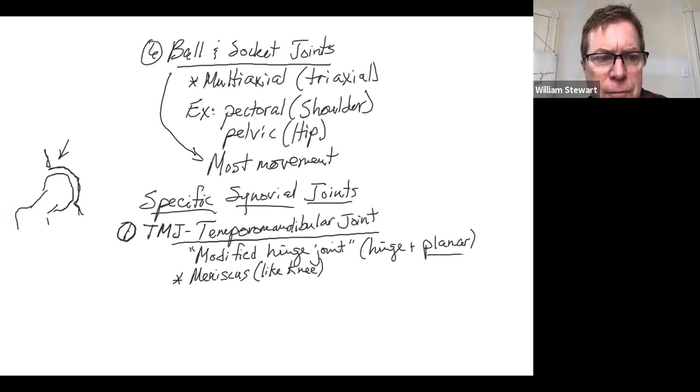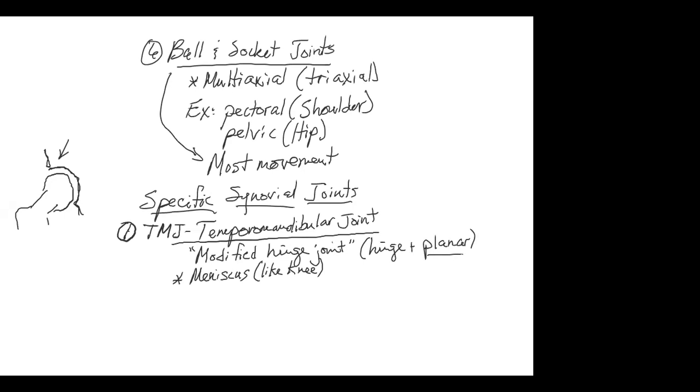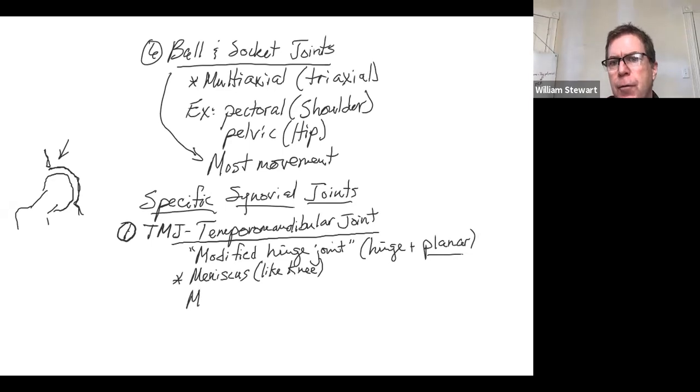The two major joints that have menisci are the knee and the temporomandibular joint, TMJ. There's also an articular capsule, just like in a synovial joint, and all sorts of ligaments, and I'm not going to list those.